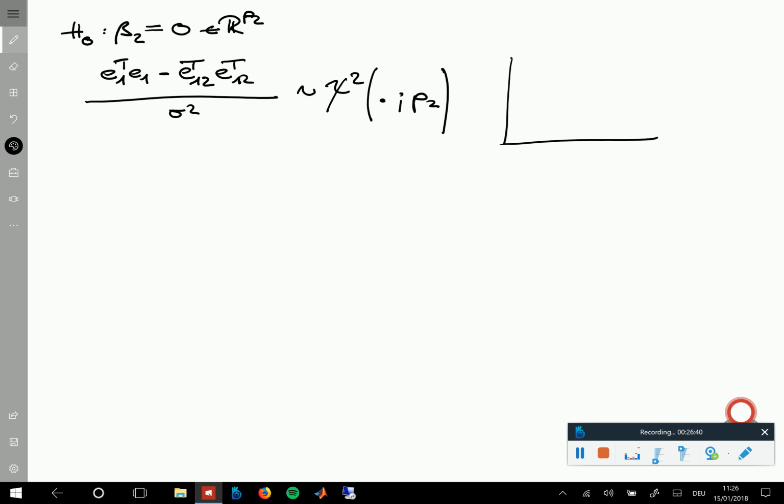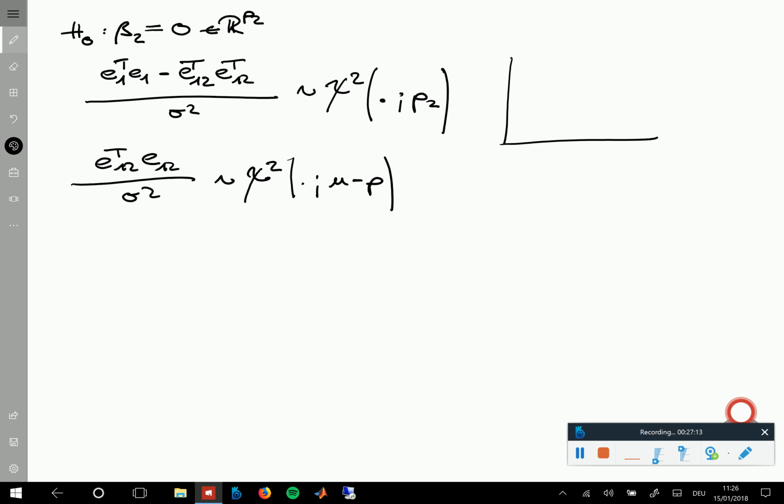The other thing that I have less of a problem accepting is that e_12^T e_12 divided by sigma square is also chi-square distributed with n minus p degrees of freedom, because we've seen that before, when we talked about the distribution of the variance estimate.